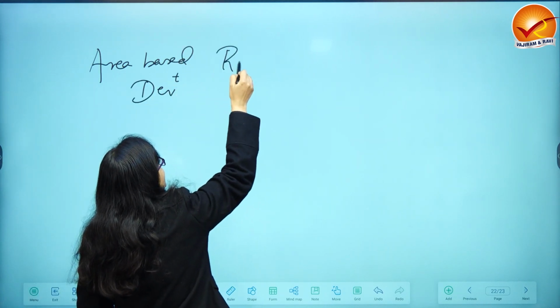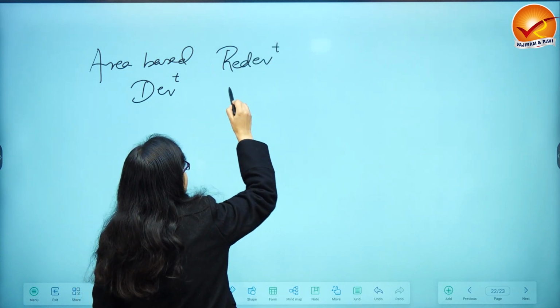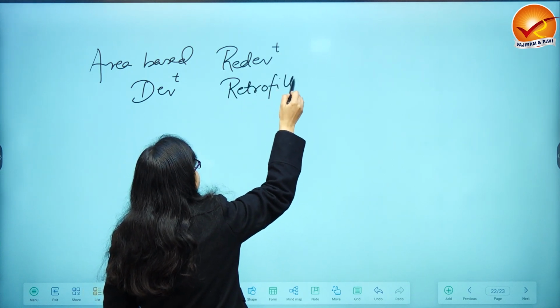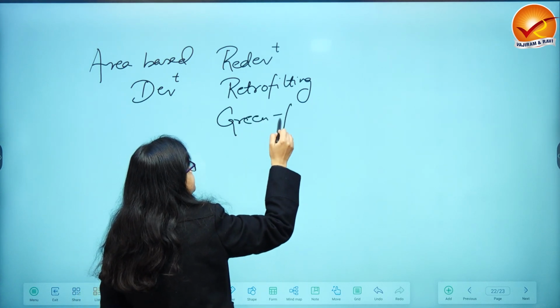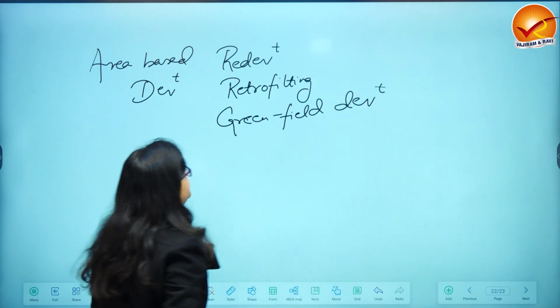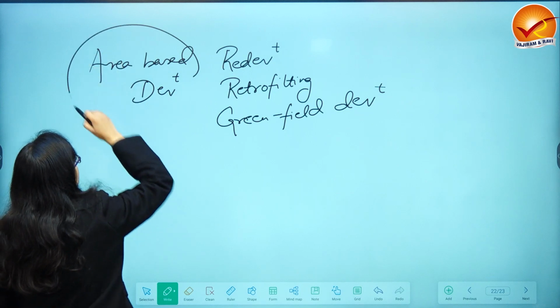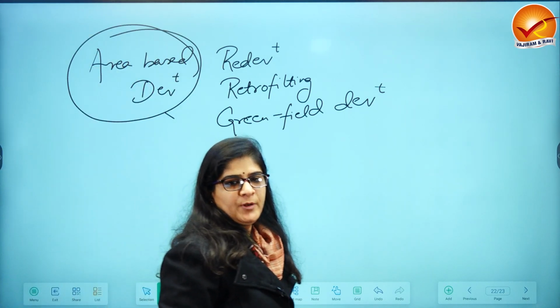One is redevelopment, retrofitting, and greenfield development. In area-based development, what do they do? They select a part of a city under the Smart Cities program.